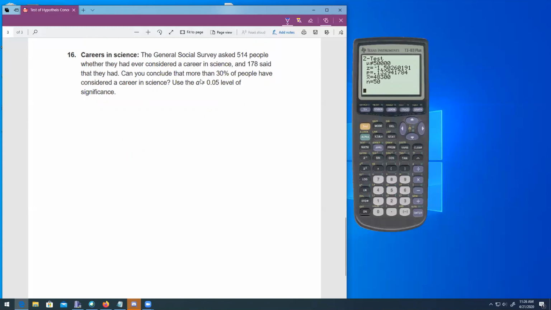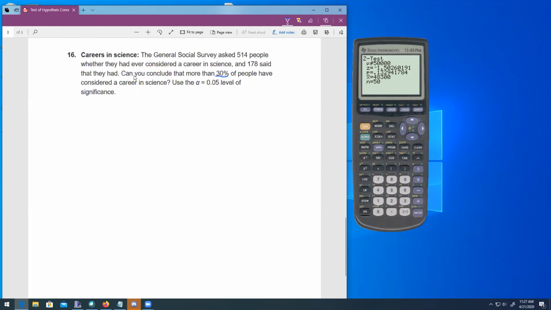Can you conclude that more than 30% of people have ever considered a career in science? Just because there's a percent doesn't mean it's always going to be a proportion. We could do a means test on percentages, but I think that's more rare and they try to stay away from that, though it is possible. So this 30% isn't evidence enough alone to say it's proportions.